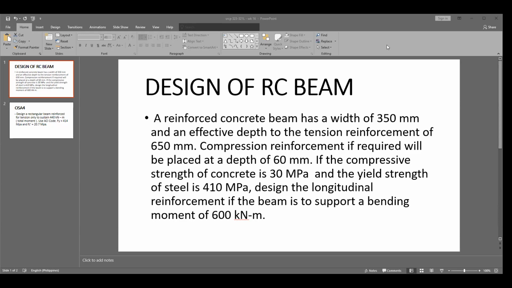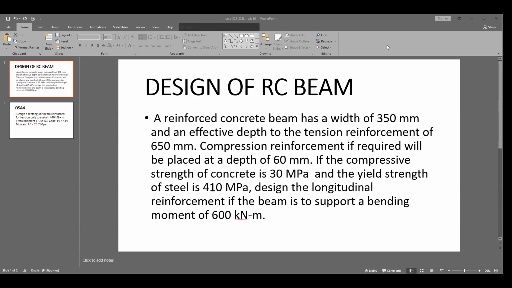So in this particular case, we are already given the 30 megapascal and the 410 megapascal for f'c and fy respectively. What we are going to do now is design the longitudinal reinforcement, if the bending moment required for the beam to support is 600 kilonewton meter.